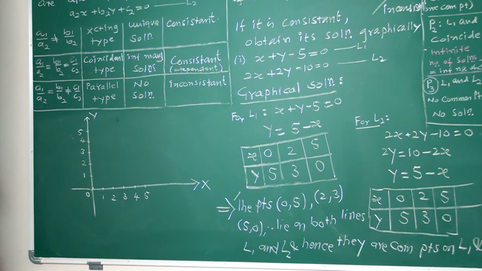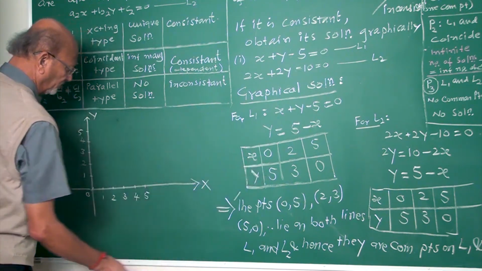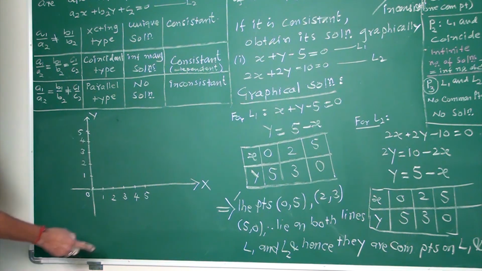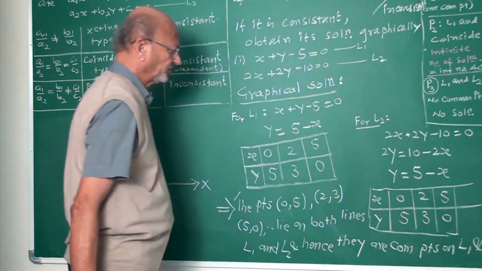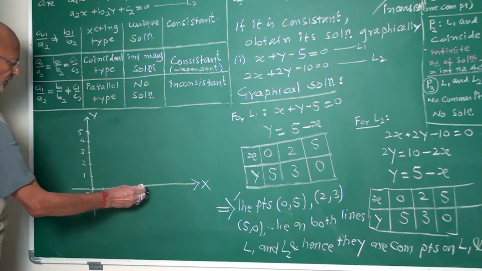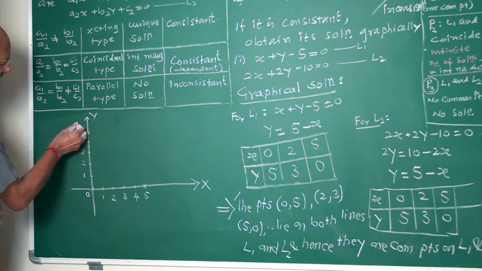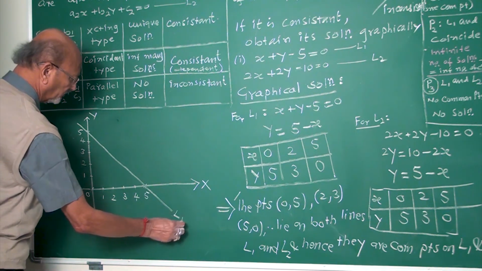See. When x is 0, y is 5. Same here also. When x is 0, y is 5. And when x is 5, y is 0. What is another one in between? Therefore, yes, my friend, this is line L1.